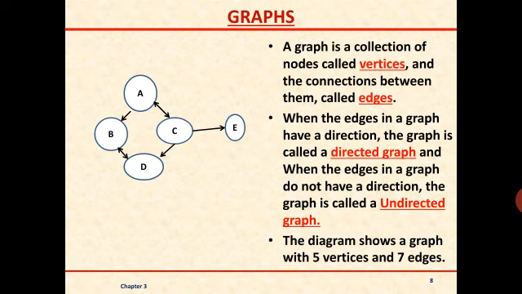When the edges in the graph have some direction, we call it a directed graph. Here in this diagram we can see every node, whether it is A, B, C, D, E, all of these are called nodes.